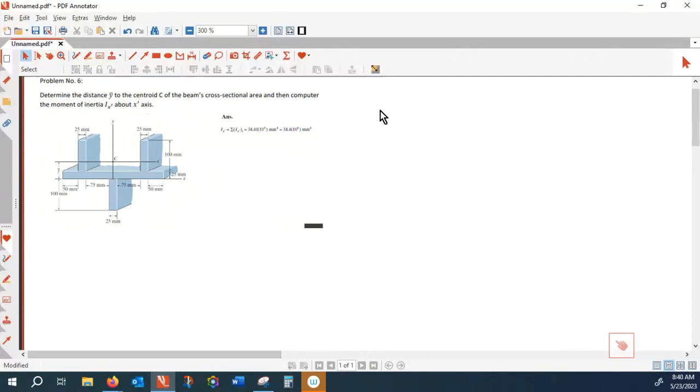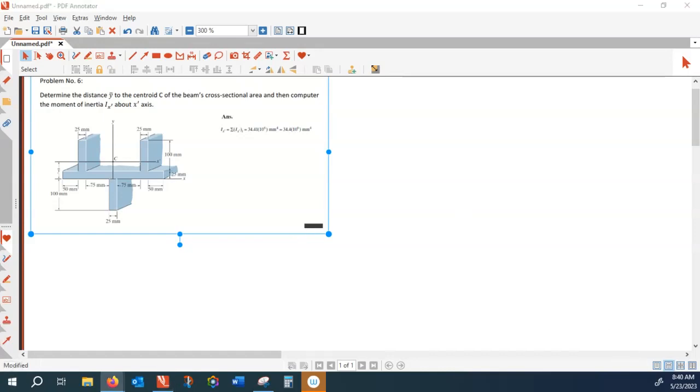Also, if you want to find the internal stresses in beams, both shear stress and bending stress, both of them depend on the second moment of inertia. So here we've been provided with a cross section.